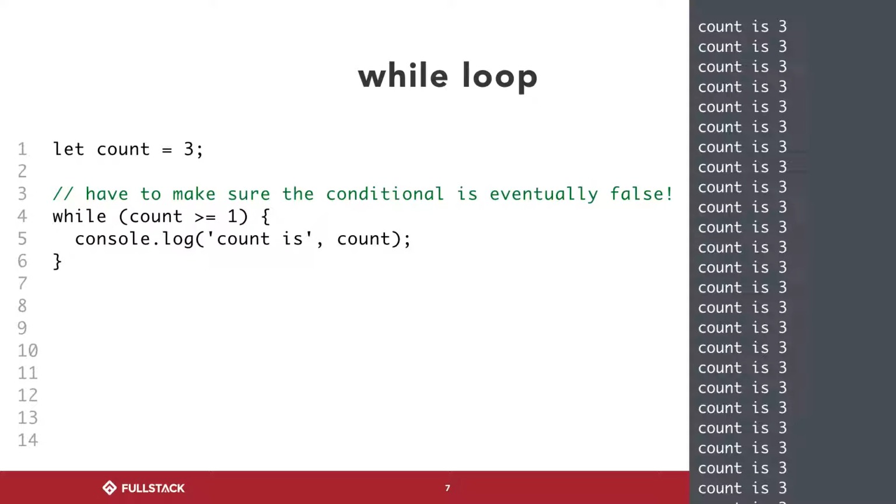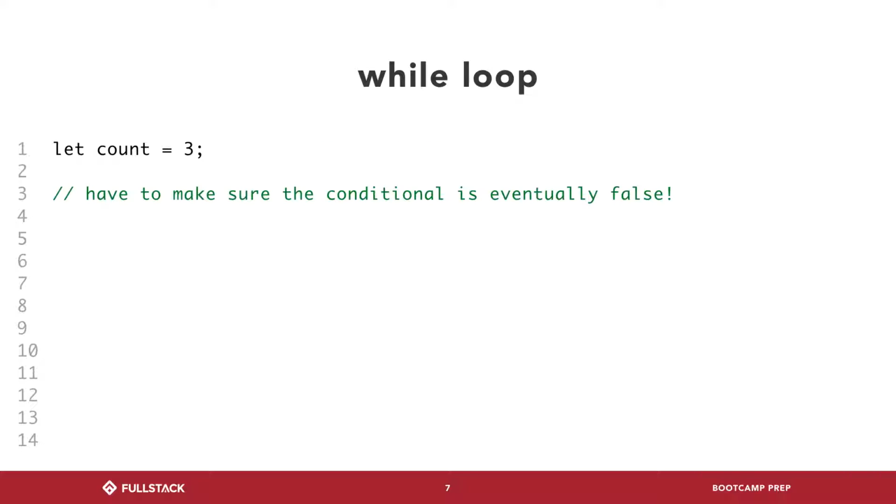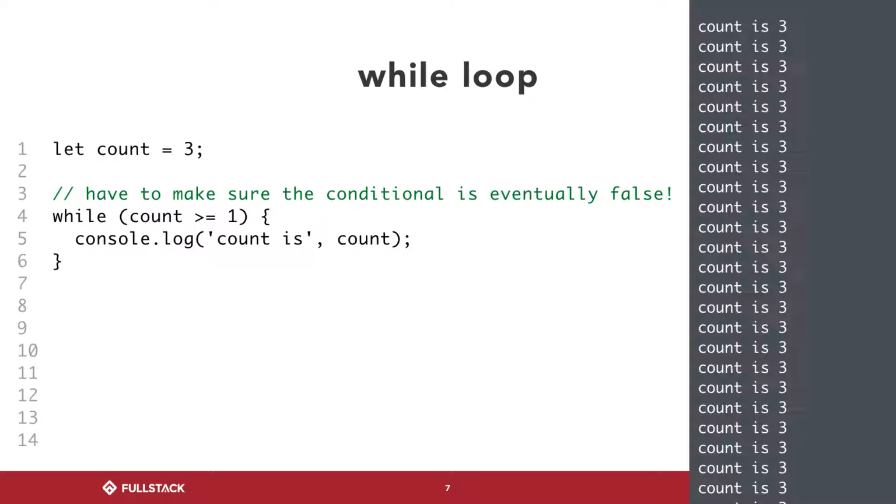And so this points out the bigger idea of a while loop, which is that every time the while loop runs, we need to make sure that it is getting closer and closer to a failure state. That failure state doesn't have to be known, but we need to be getting closer to it. So what's an example of a time in which we don't know when it's going to fail, but we assume it's going to be close? Let's say I want to keep rolling a die until I get a 6.